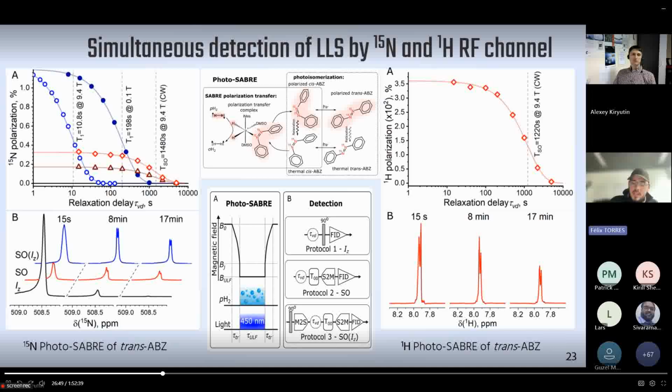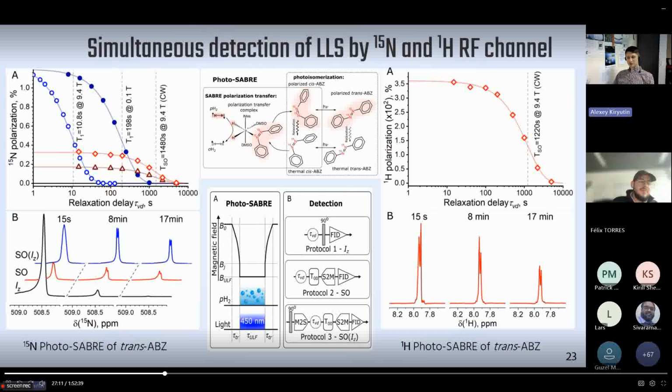And in photo-CIDNP, for instance, you can simply recycle polarization, up to the limit of bleaching, by pulsing light again and again. Is that possible with the field cycling and the parahydrogen bubbling? Would you be able to do that with your system, to just bring the sample up and down?